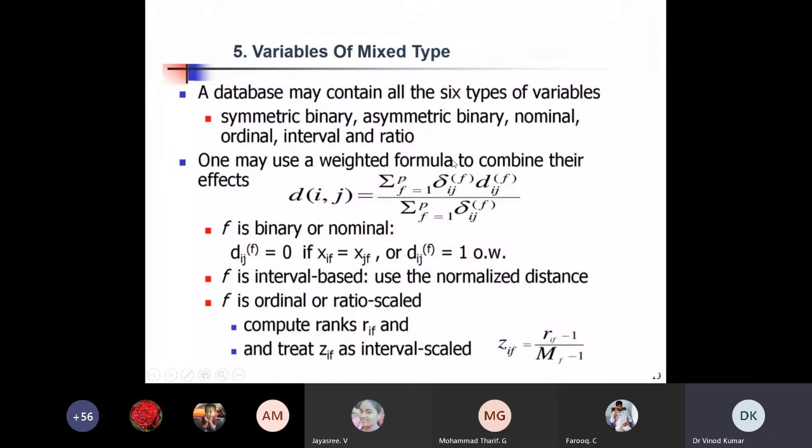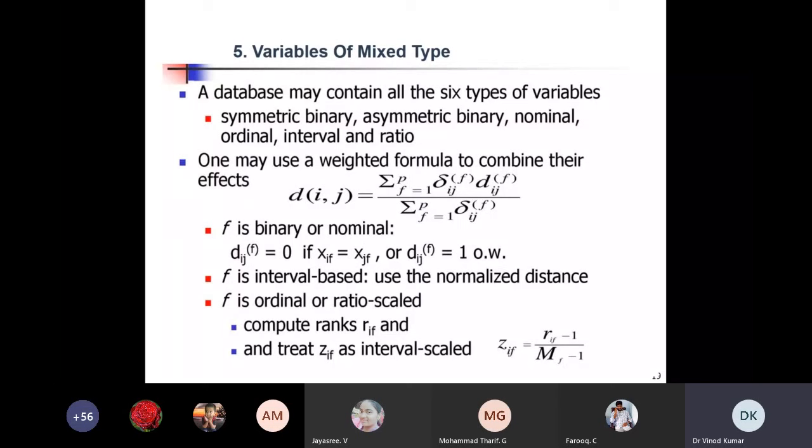Okay, I will repeat once again. Today we discussed the types of data in cluster analysis, categorized as interval scaled, ratio scaled, binary (symmetric and asymmetric), then nominal or categorical, after that ordinal, and then variables of mixed type.